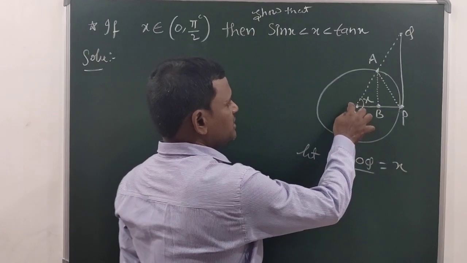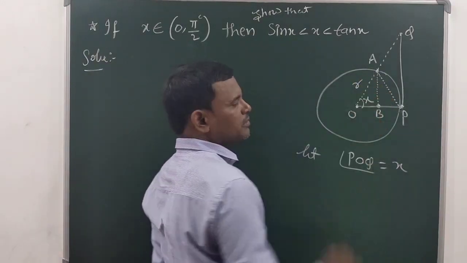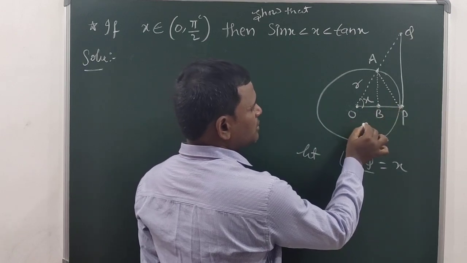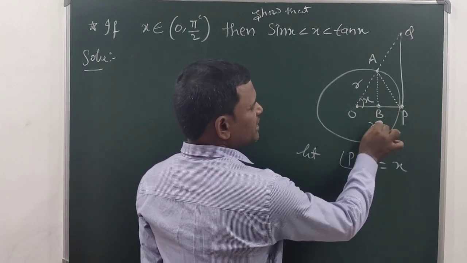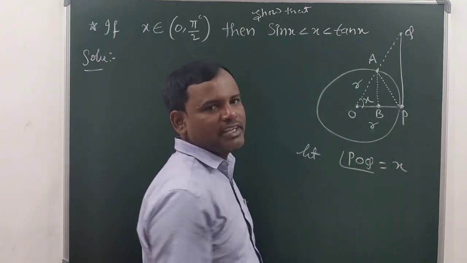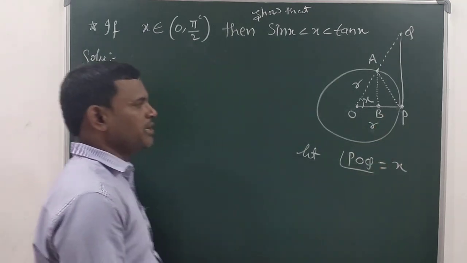You know the distance from O to A is small r, because radius of the circle. In that figure, O to P also, whose distance is small r. O to P is r because radius of the circle. Okay, students.